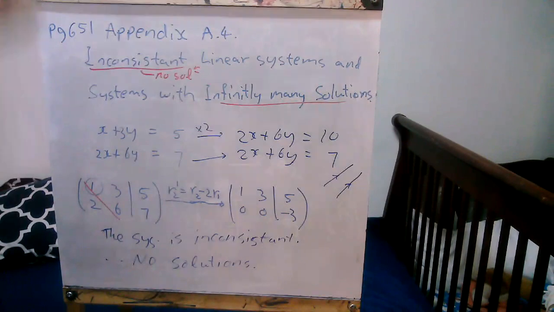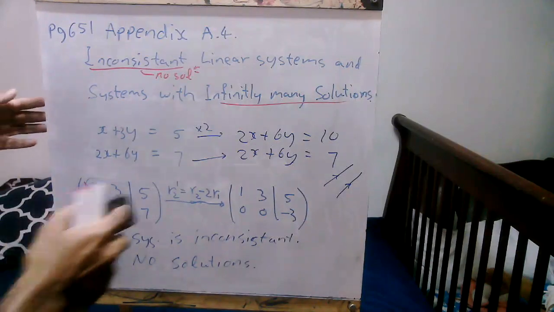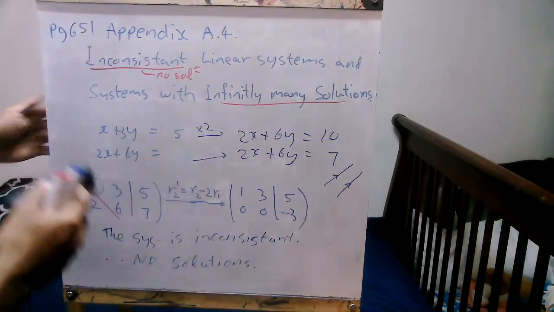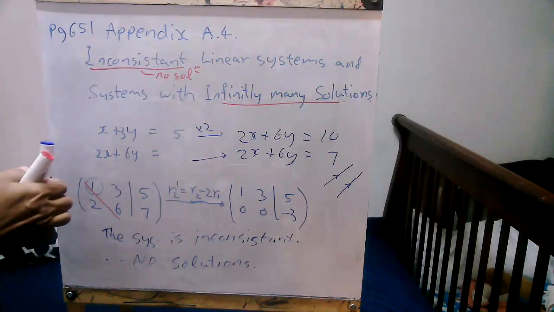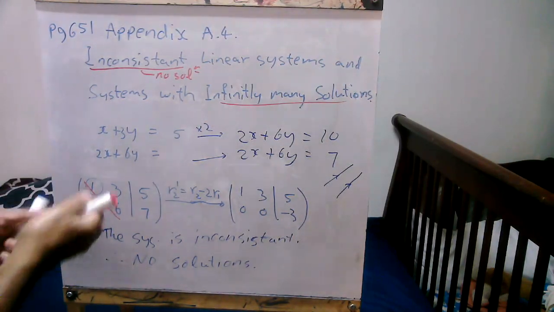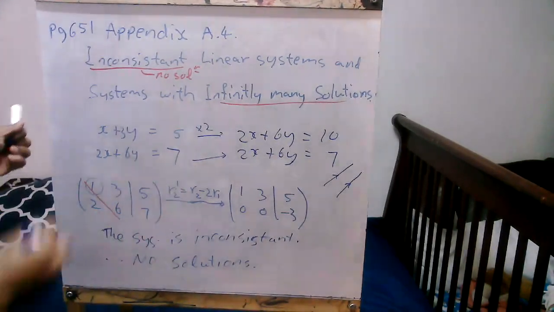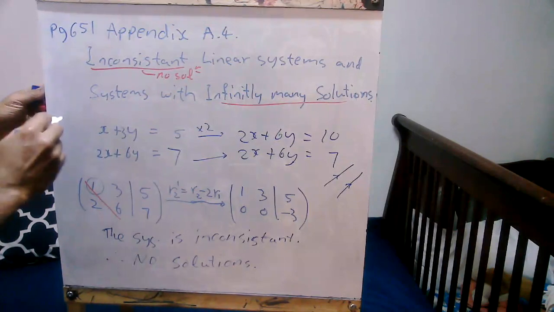Now let me change a number. I'm going to change this to 10. Before it was 7, it was like this. So you may take this as the first example.